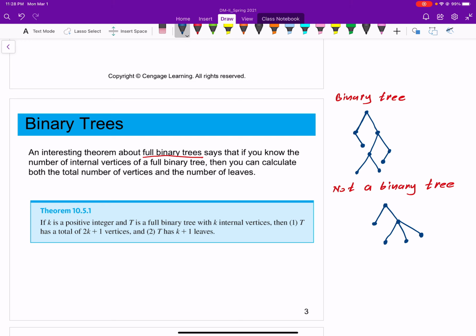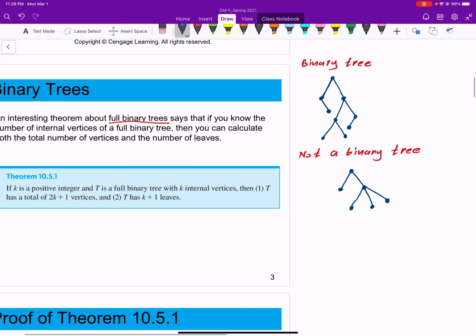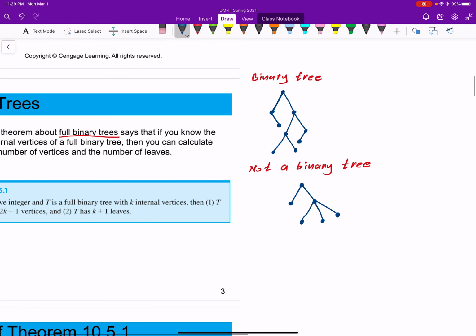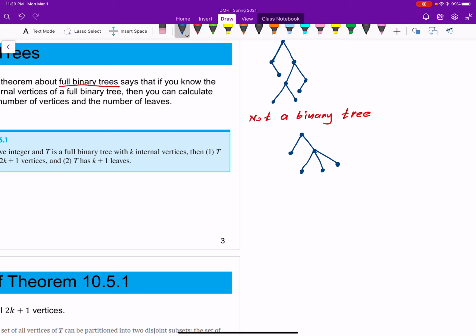Something like this. Each parent has exactly two children. This is a full binary tree.